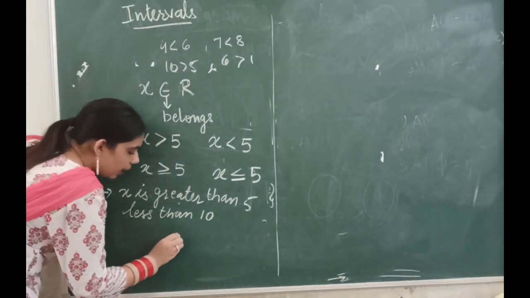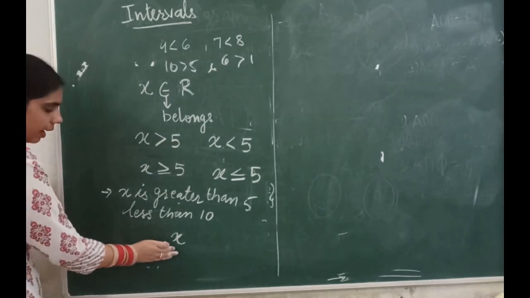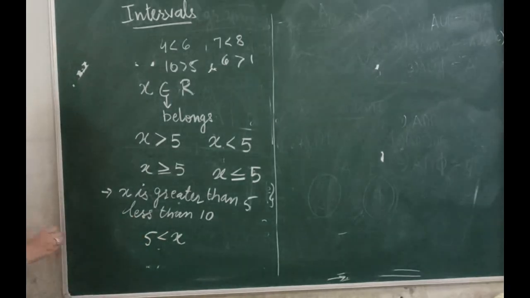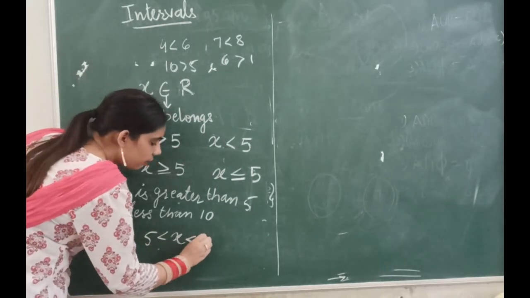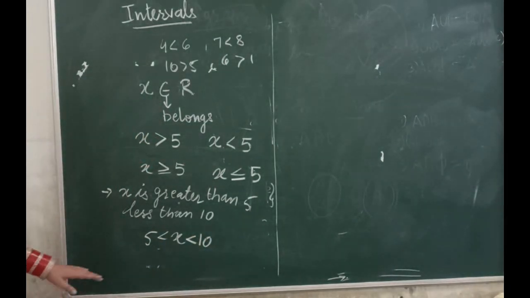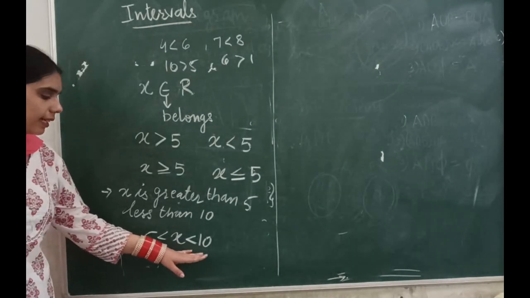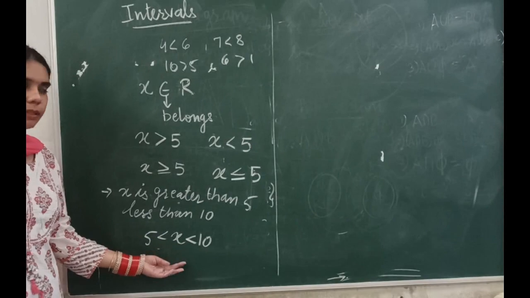It's very easy. I said that x is greater than 5 but less than 10. I am saying x is greater than 5 but less than 10. It's very simple.